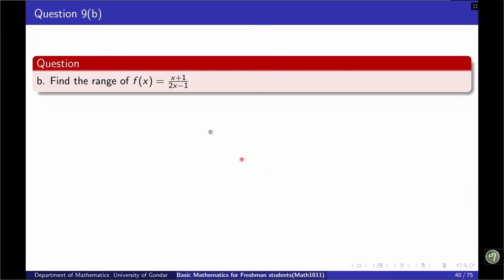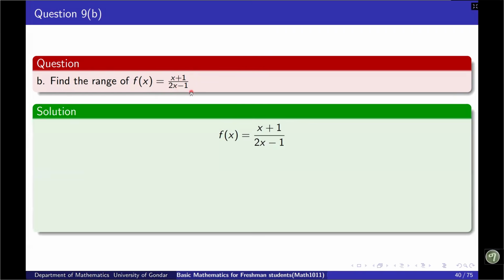The next one is this rational function. The range of the rational function, x plus 1 over 2x minus 1. So we are given the function f of x equal to x plus 1 over 2x minus 1. Then solving for x in terms of y, we have y is equal to x plus 1 over 2x minus 1.